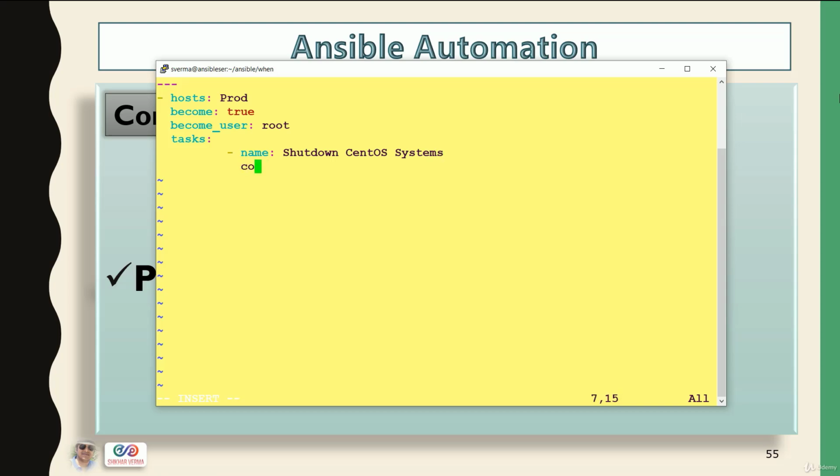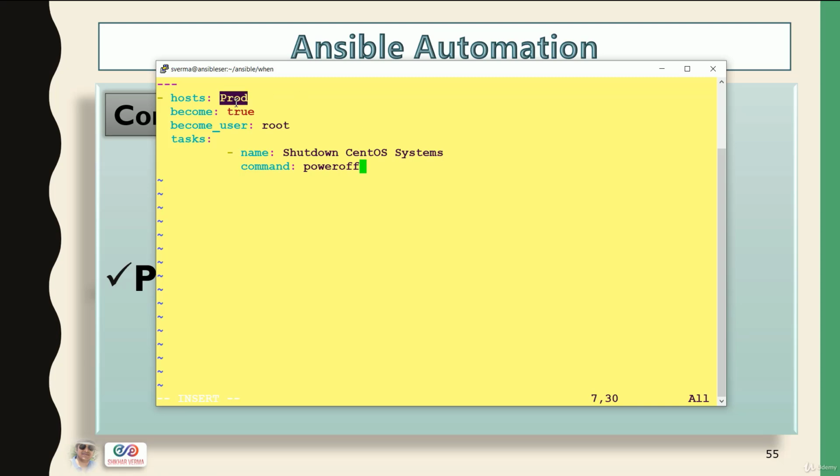I'm going to use the command module, and simply I'm using poweroff. If I execute this playbook without specifying the condition, what will happen? It is going to shut down all the servers which are part of this prod group. But I have a condition.